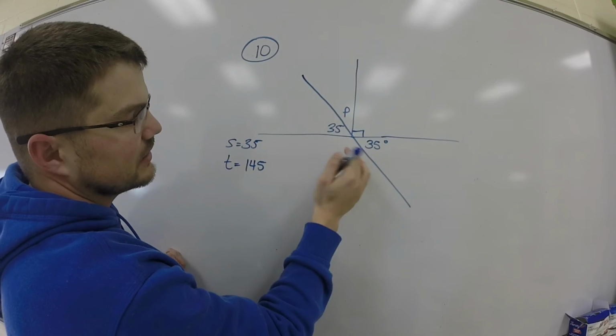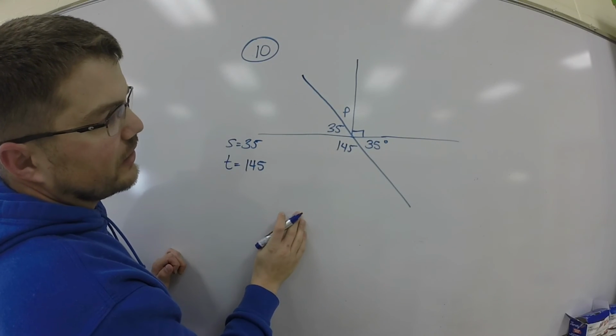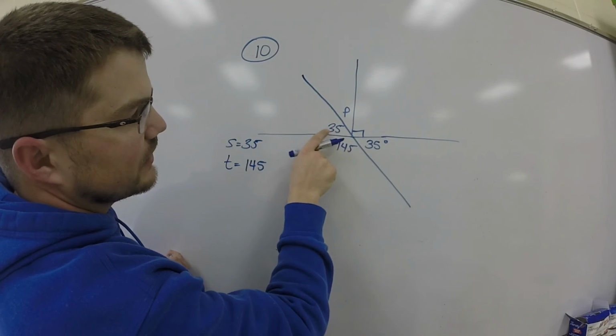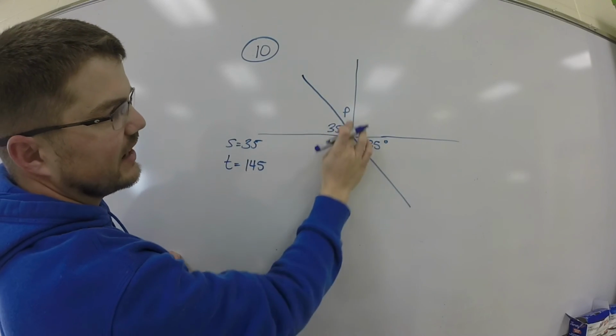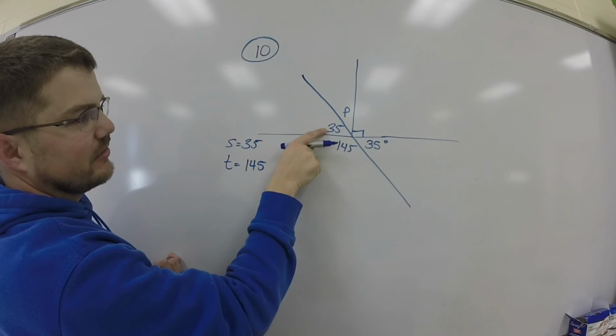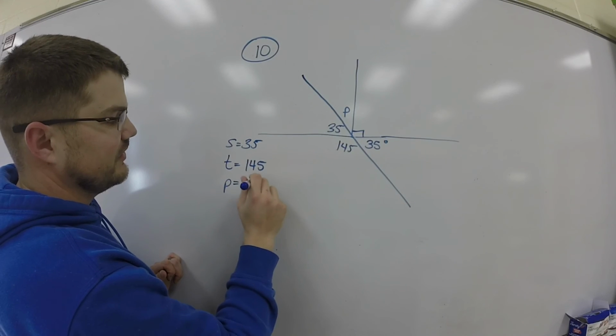Okay. And we also know that 35 and P are complementary because this angle has to be 90 if that one's 90. So P is going to be 90 minus 35. 90 minus 35 gives me 55.